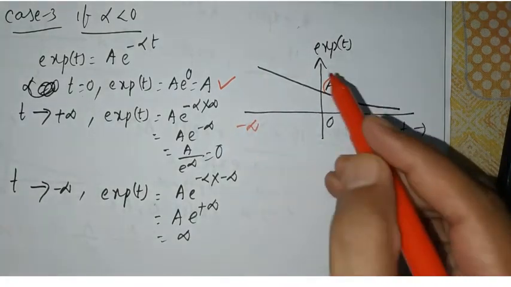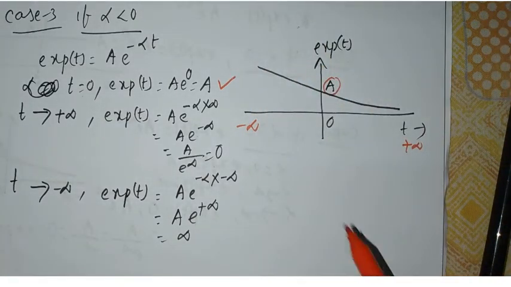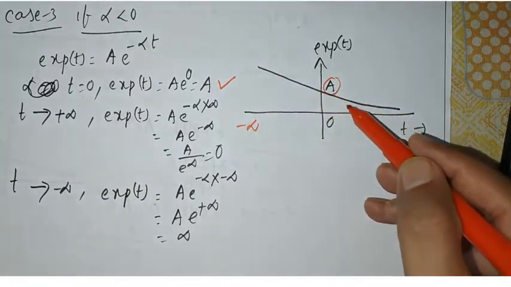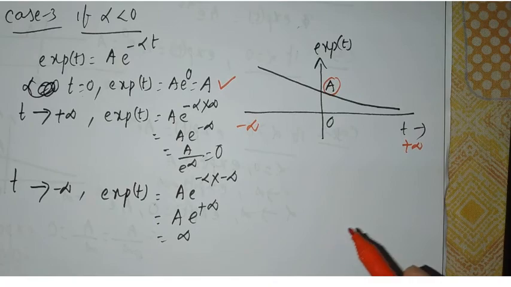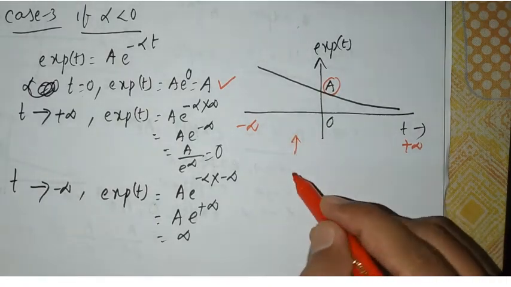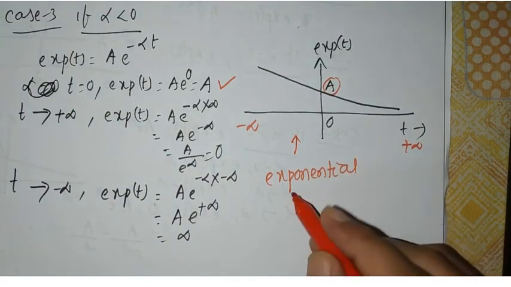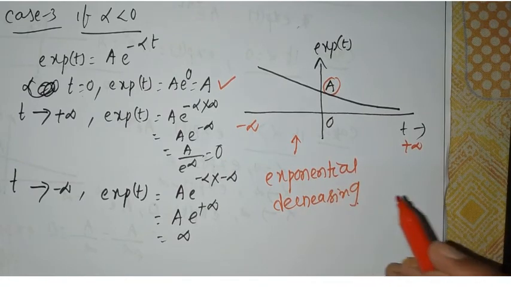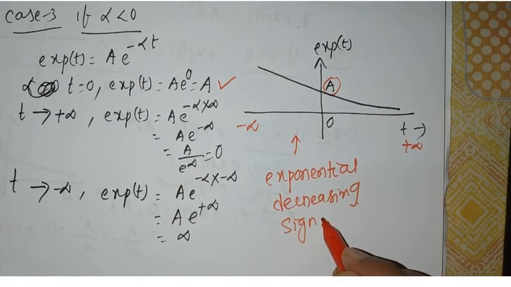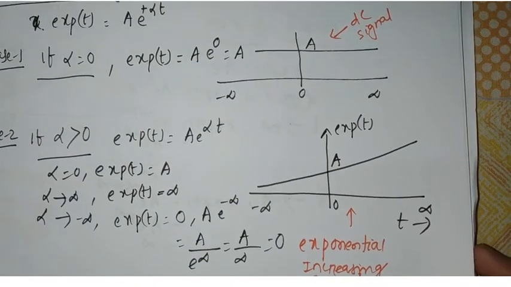Now see, this graph is going up to infinity, yes or not? Initially it is a very high value, then slowly it is decreasing and approaches 0. So it is decreasing exponentially. So you can say it is an exponential decreasing signal.